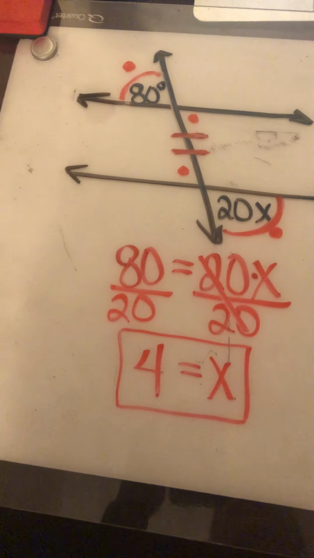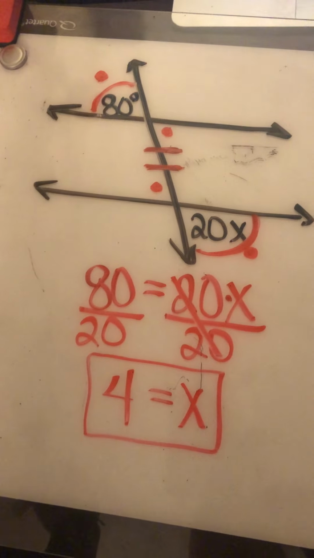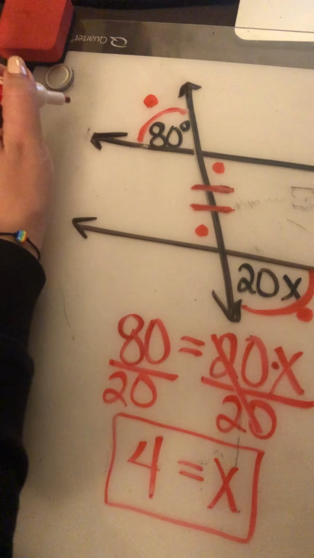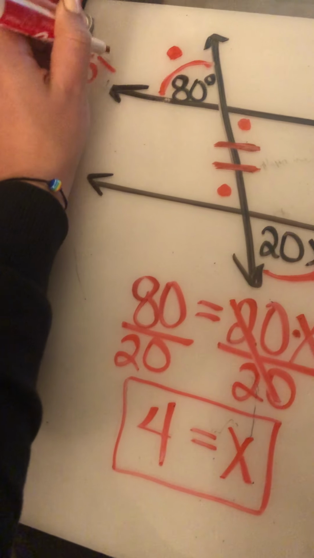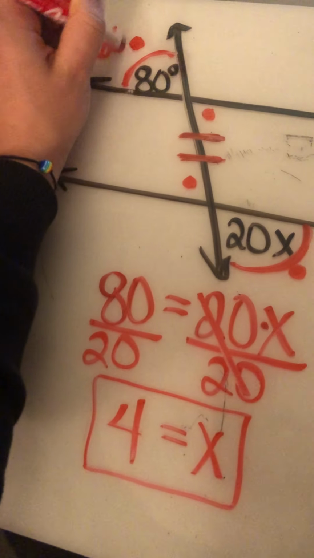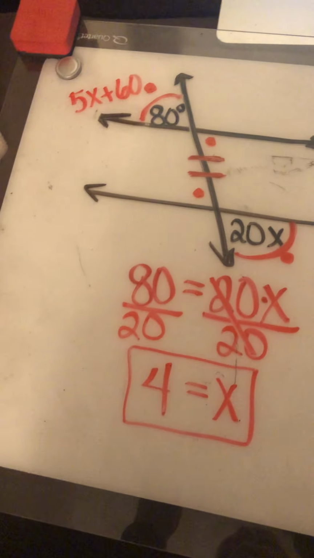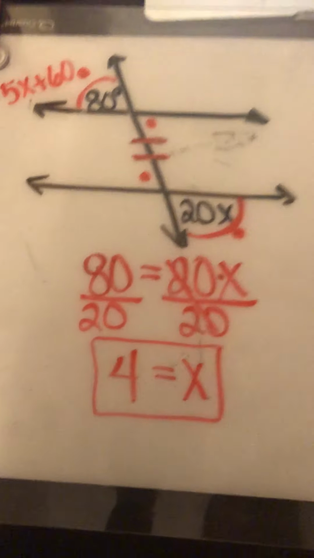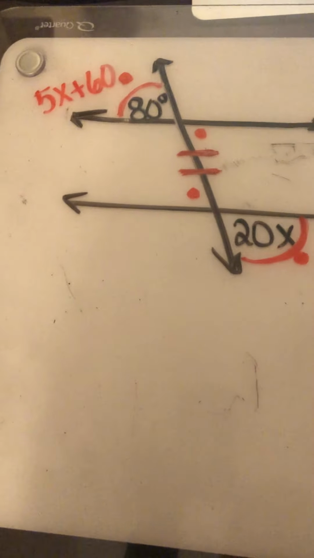Now in yours, instead of it being 80, I don't know, maybe it's going to be like, putting me on the spot here, 5x plus 60. Okay, let's just say that. Let's just say for our purposes that that angle was 5x plus 60. And I'll even do the equation over for you guys again. We're going to get the same thing because I made it so that it would be.